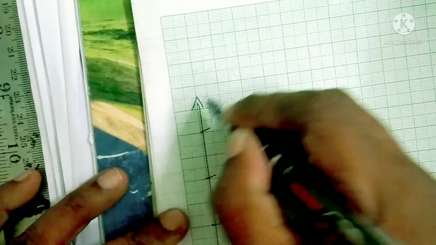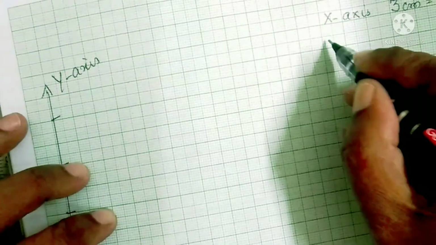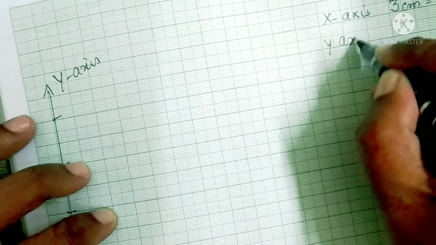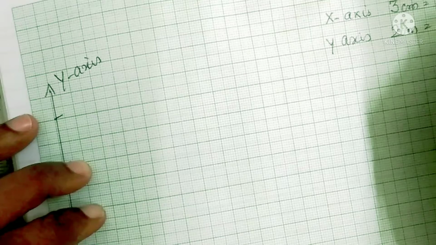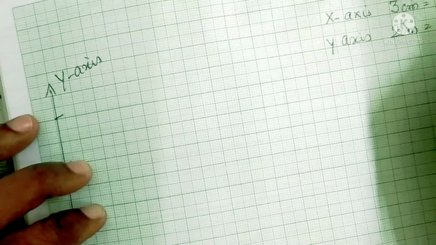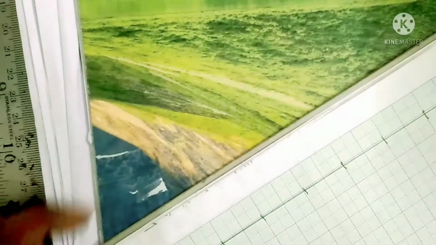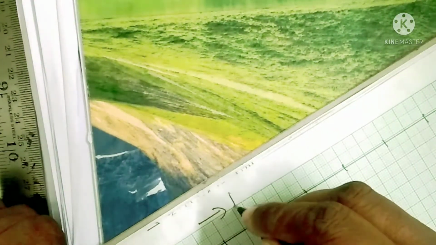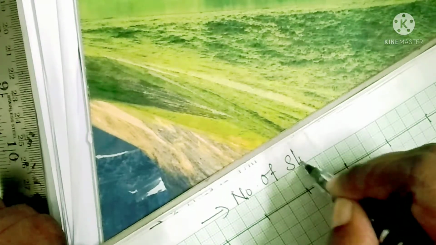On the y axis, 2 centimeters shows 1 student. So let us mark here number of students.